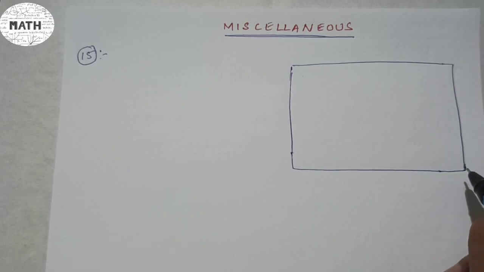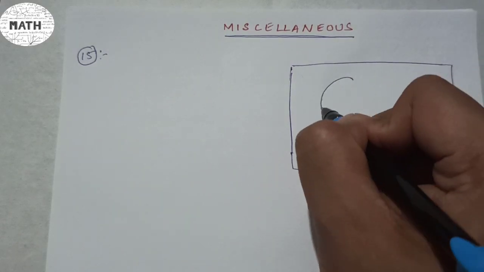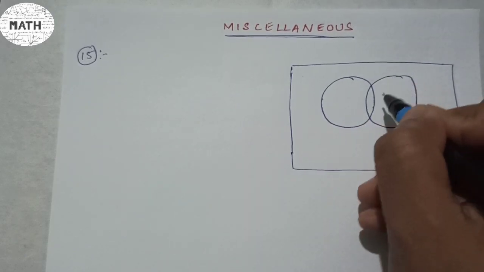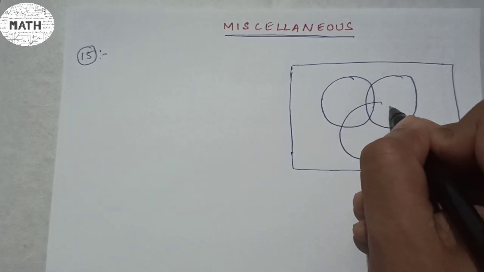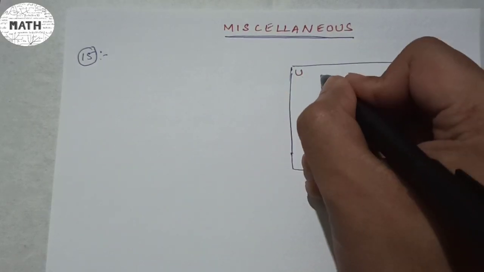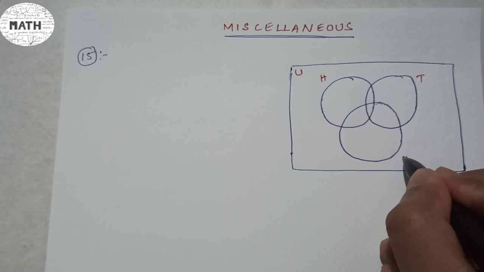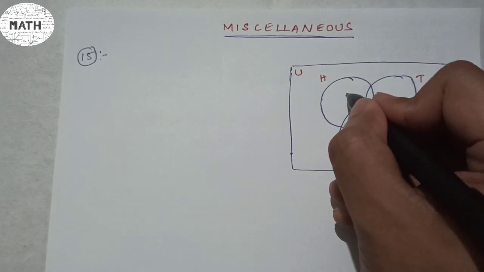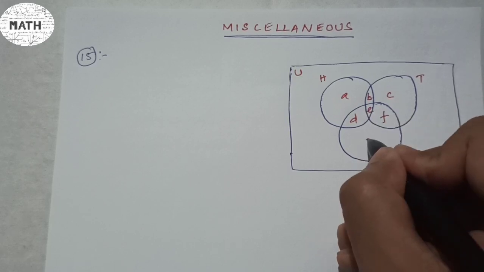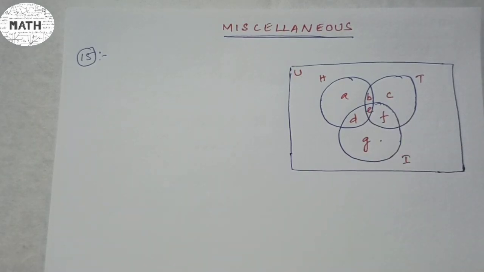Don't use your scale. This diagram is more universal, so let me indicate H, T, I, and inside the circles I'll just give some alphabets: A, B, C, D, E, F, G.